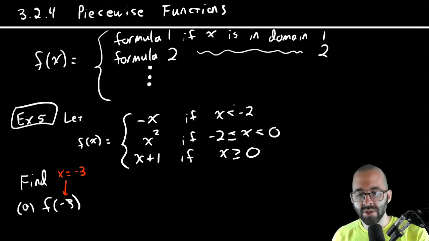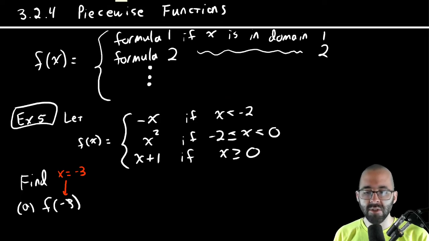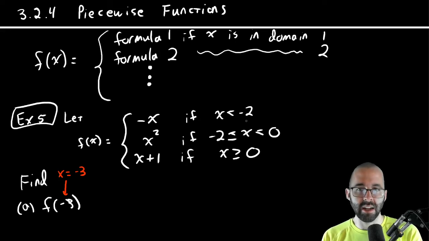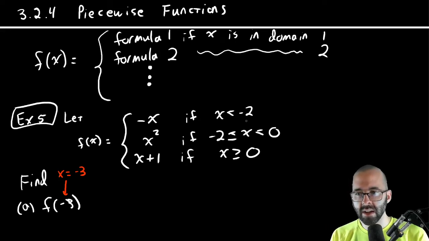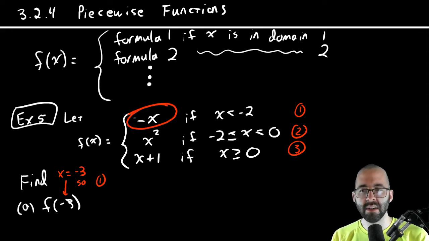Well, negative 3 is in this piece, to the left of negative 2. If you want, you can draw these on the number line and see which one of these has negative 3. And let's label these pieces. You don't have to label or number these, but you can. So x equals negative 3. That's piece 1. We're using this formula.